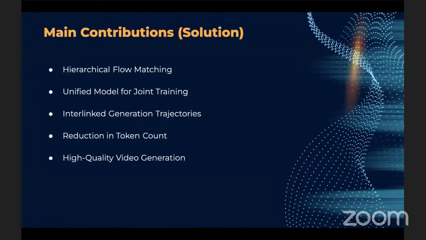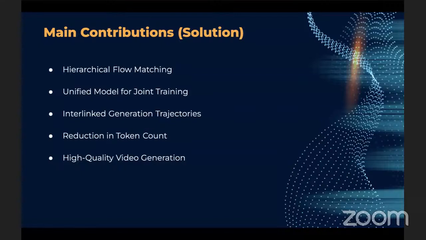Pyramidal flow matching introduces several key innovations. Hierarchical flow matching, a core concept leveraging the power of multi resolution processing for efficiency and detail. Unified model for joint training, streamlining the training process for faster convergence and knowledge sharing across different scales. Interlinked generation trajectories, ensuring smooth transitions and coherence between different pyramid stages, reducing redundancy and promoting consistency.